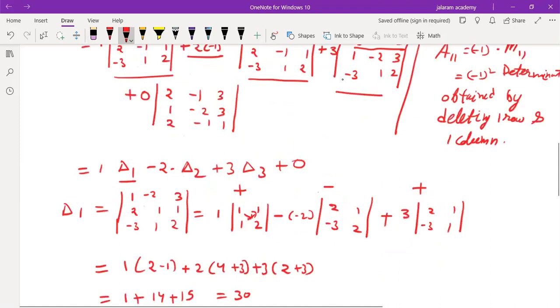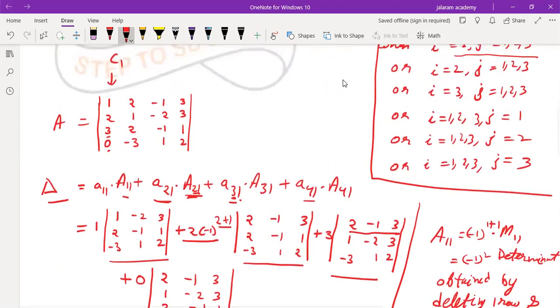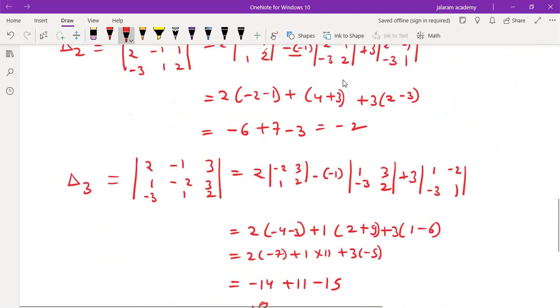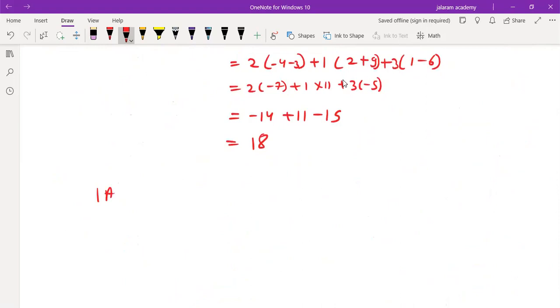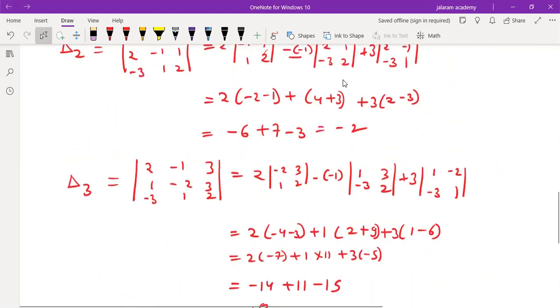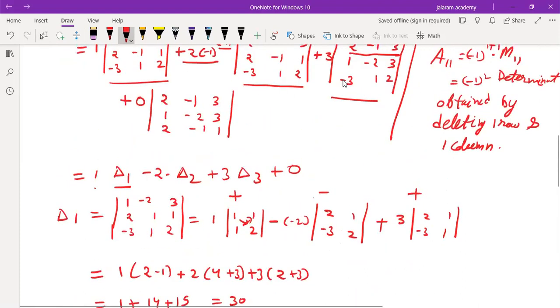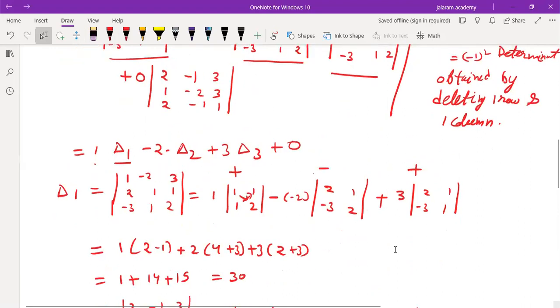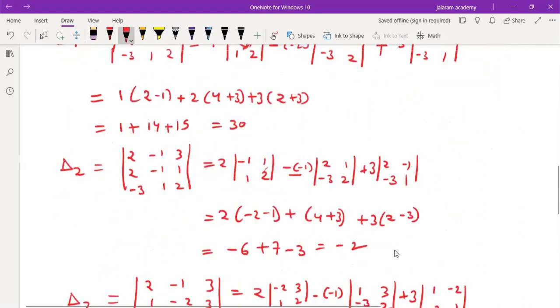18. So now we will use these values to find the value of the determinant of A, which we have denoted as delta. So we write determinant of A or delta, you can write anything, equals 1 into delta 1. Delta 1 we have obtained as 30.